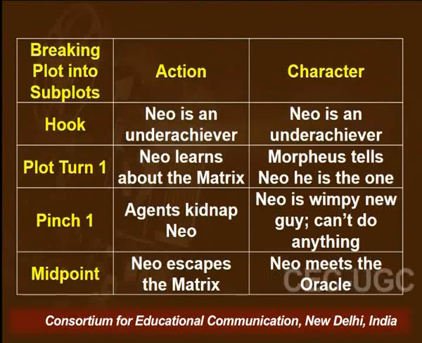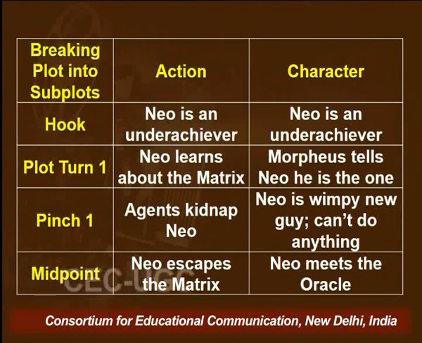Neo is an underachiever, then Neo meets Morpheus, then Neo meets the Oracle, then the Oracle tells Morpheus that Neo is not the one. Then Neo proves himself that he is the one.